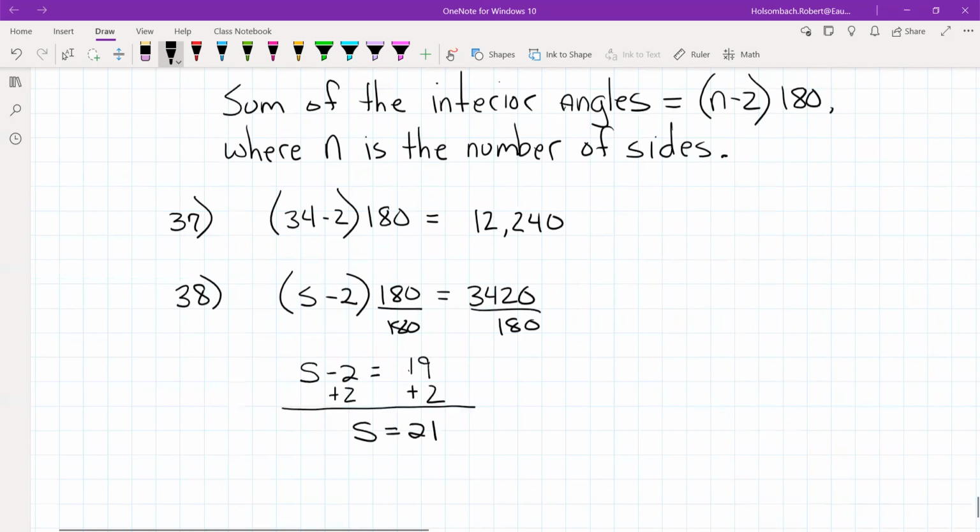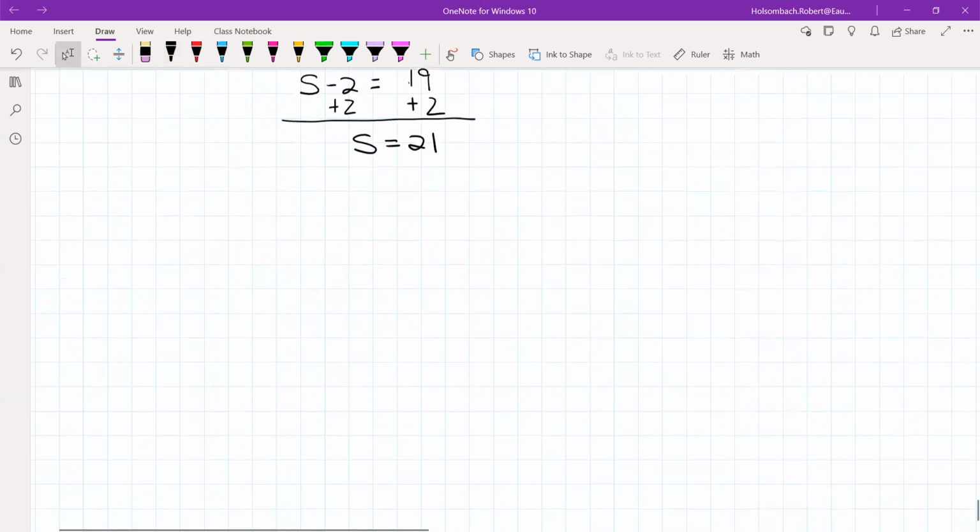Number 39 asks you, what is the measure of one angle in a regular 20-gon? Well, that's going to be the sum of the angles divided by 20.